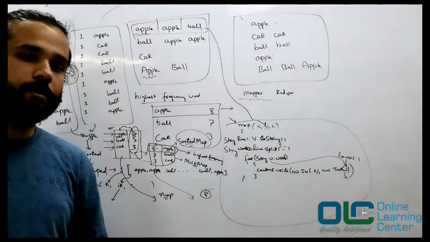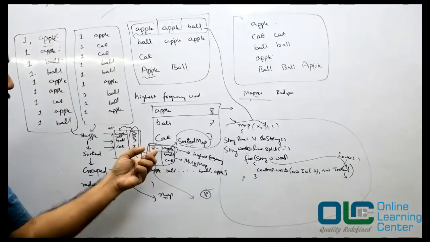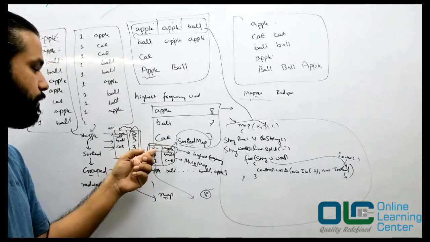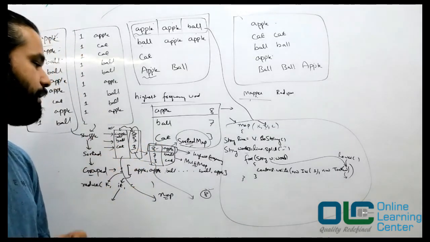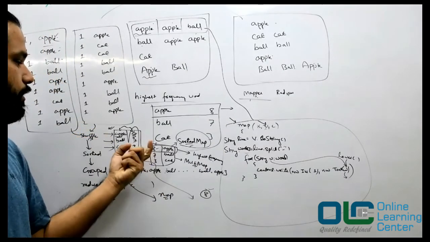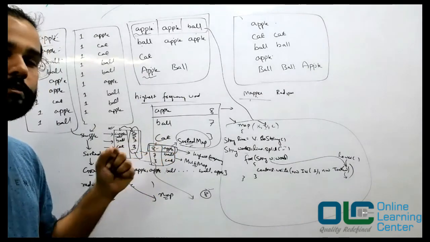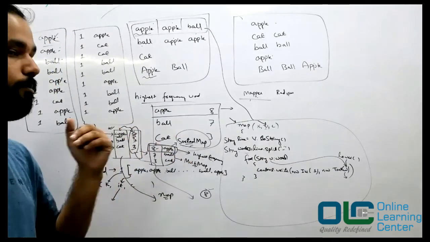However, there are some situations where you need to maintain more than one word for the same occurrence. So you may come up with a requirement where you need to store the key and value pair and your keys are same. You want to store multiple values, so in that case you can use something called multi-map.